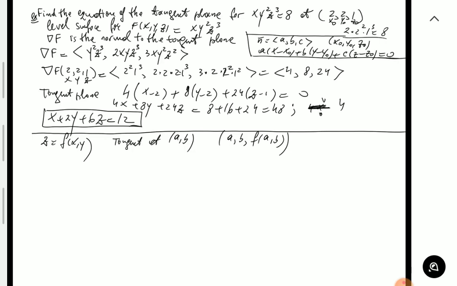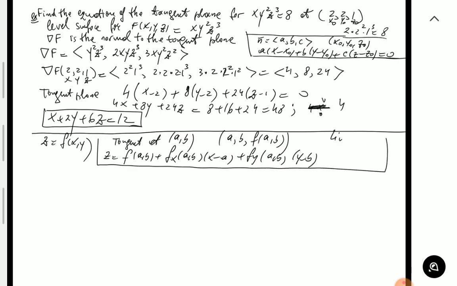Then the equation of that tangent plane was z equals f(a, b) plus partial x of little f at (a, b) times (x minus a) plus partial y at (a, b) times (y minus b). This is also used to figure out the linear approximation of the function f(x, y) at (a, b).